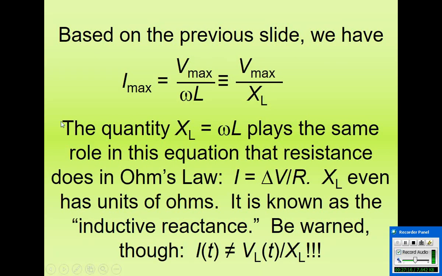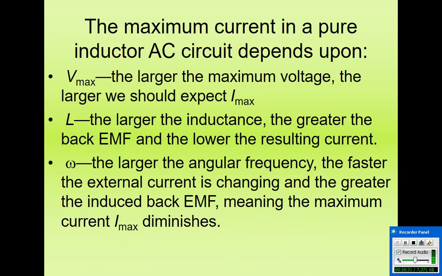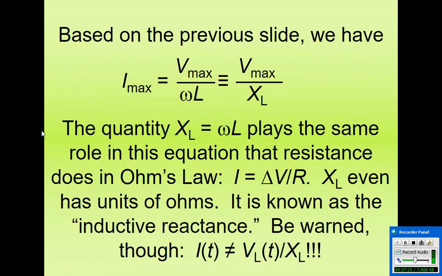If we combine these observations, we get that the maximum current is equal to the maximum voltage divided by omega times L. That quantity, omega times L, is equal to capital X subscript L, which is called the inductive reactance. And it acts similarly to the capacitive reactance and slightly similarly to resistance.